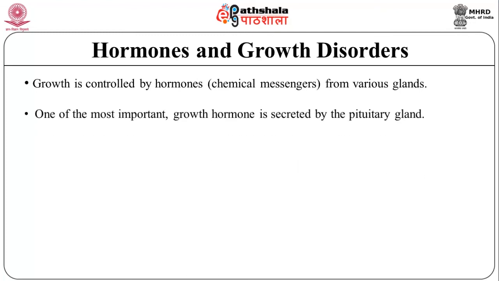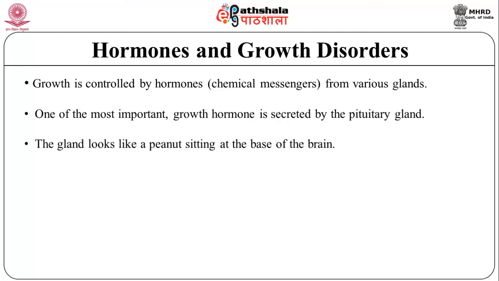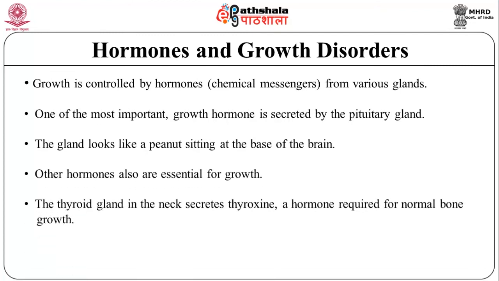One of the most important, growth hormone, is secreted by the pituitary gland. The gland looks like a peanut sitting at the base of the brain. Other hormones also are essential for growth. The thyroid gland in the neck secretes thyroxine, a hormone required for normal bone growth. Sex hormones are secreted from the ovaries.